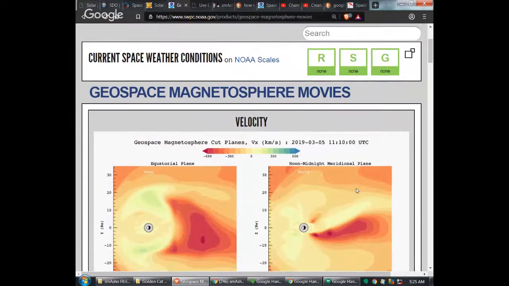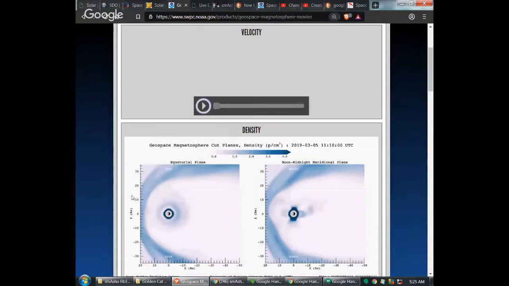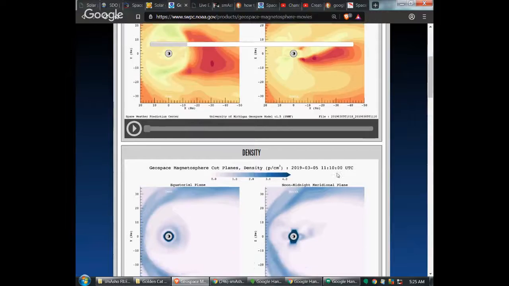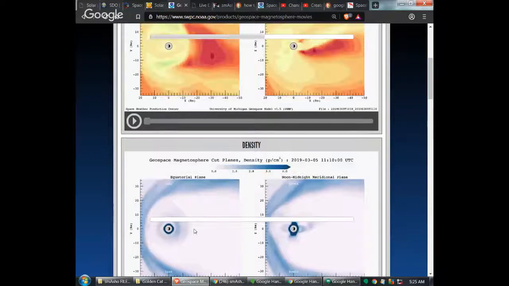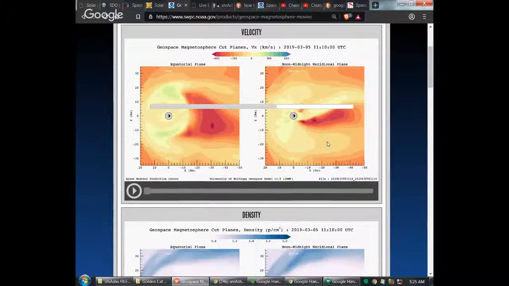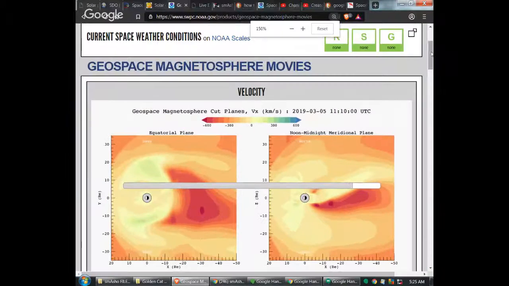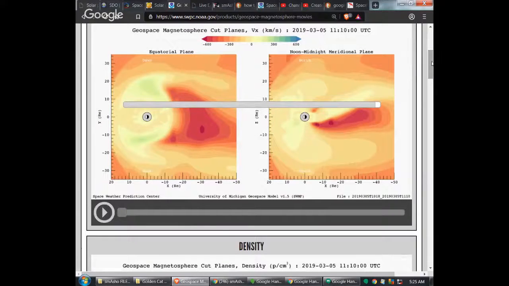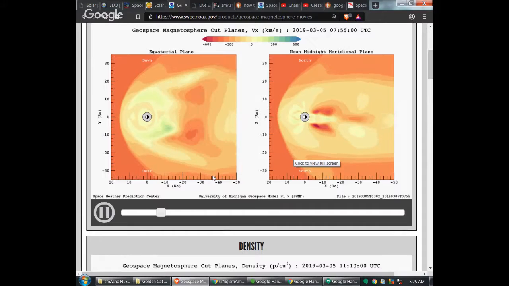Next, let's look at the magnetosphere movies here. First, the velocity. And we're going to see this associated with very low density. So don't be surprised if this looks kind of weird. There's a velocity view.